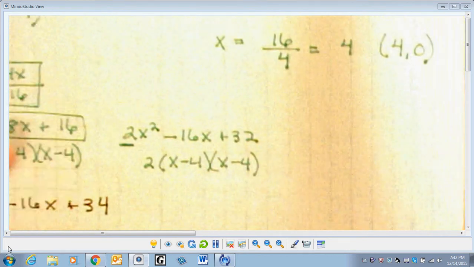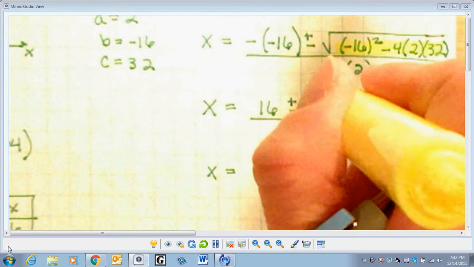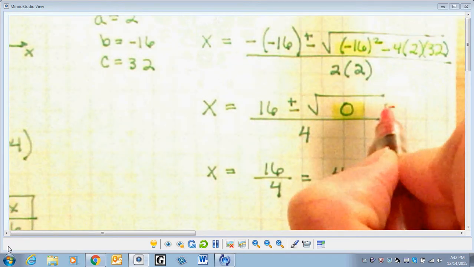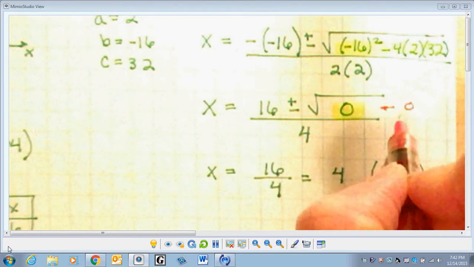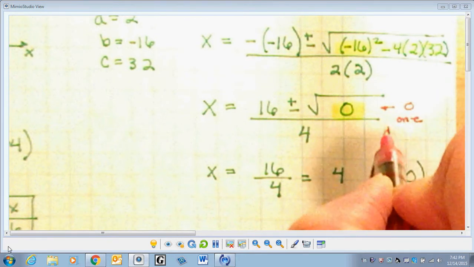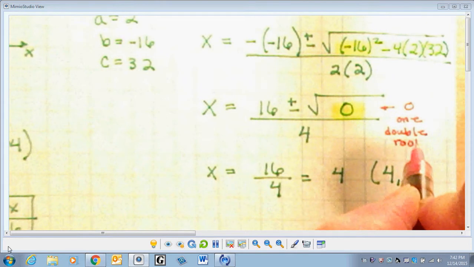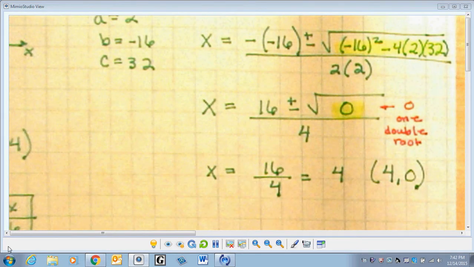Where up here, if my discriminant, which I didn't mark this, is 0, so right here my discriminant is 0, which means 1 double root. Okay, so there's one more that we're going to look at, and then we're going to make a little table to help us remember this.